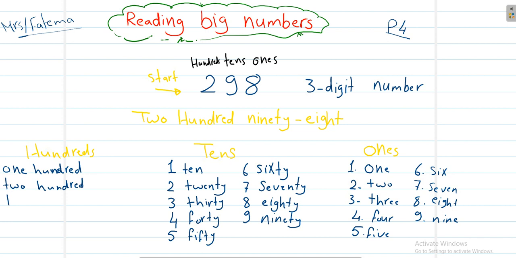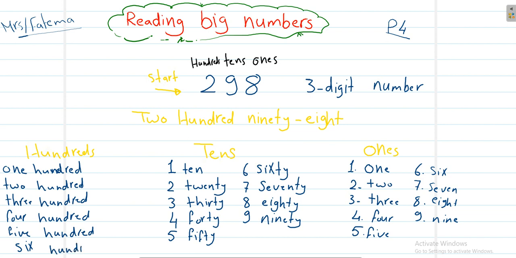Okay, 3, 300. 4, 400. 5, 500. 6, 600. And the same for 7, 8, and 9.